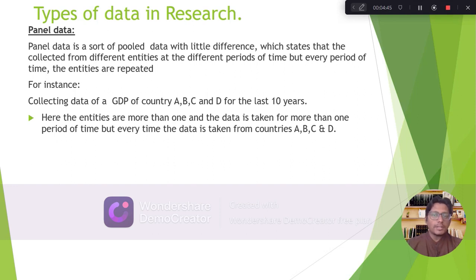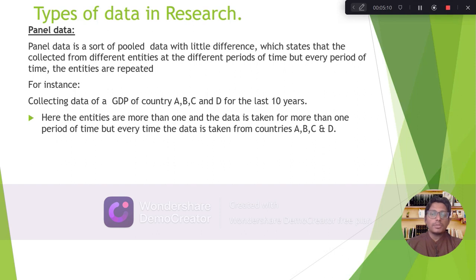The difference is that whenever we collect data in pool data form, every time the entities will be different. But in panel data, we take more than one entity in different periods of time for data collection, and every period of time we take the same entities.